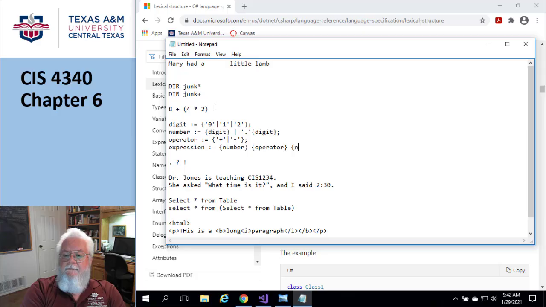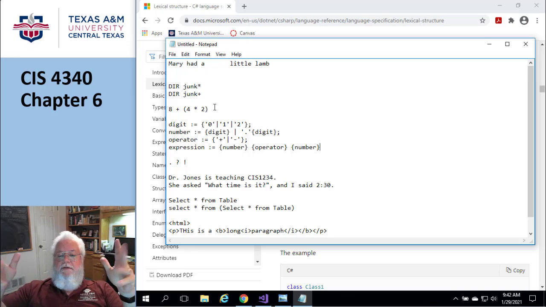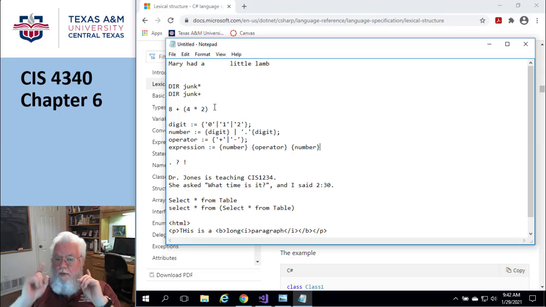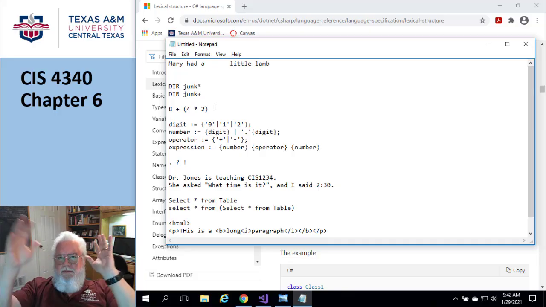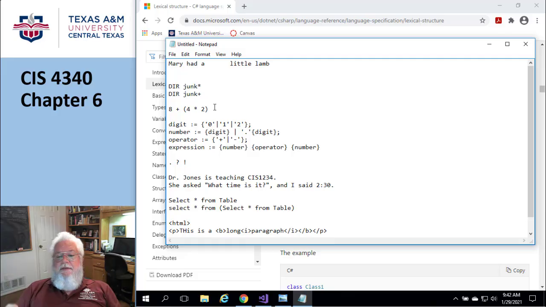So I'm creating a BNF for a very simple calculator where all the digits exist. Numbers could have digits or a decimal point followed by more digits. Operators could be plus, minus, multiplication, division. And expressions are made up of these things. And then I probably want to say that an expression could have a sub-expression, right?